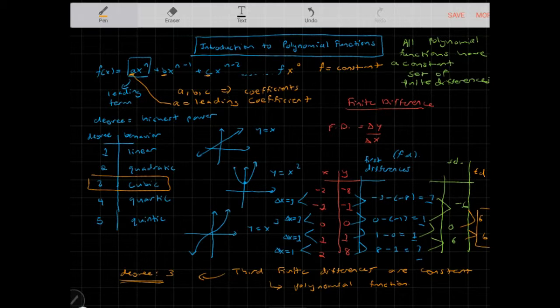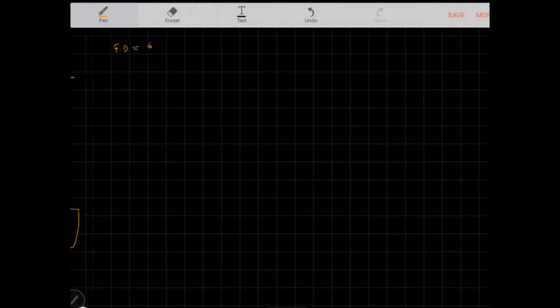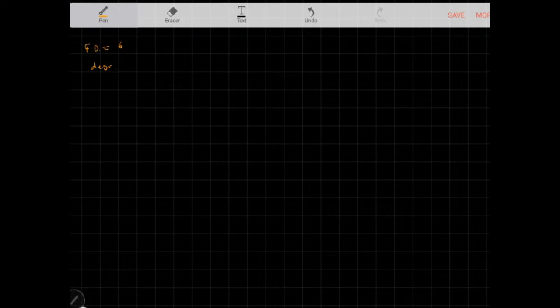Actually, knowing the finite differences and the degree of the function, we can determine the leading coefficient. So I'm going to show you how to find the leading coefficient. The value of the finite differences here is 6. The value of our degree here is 3.